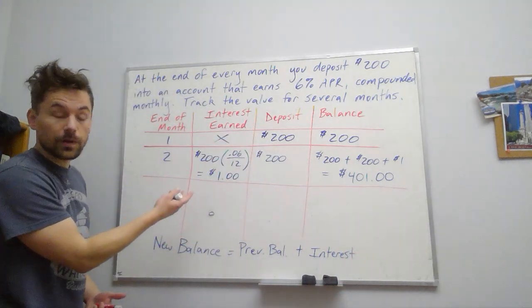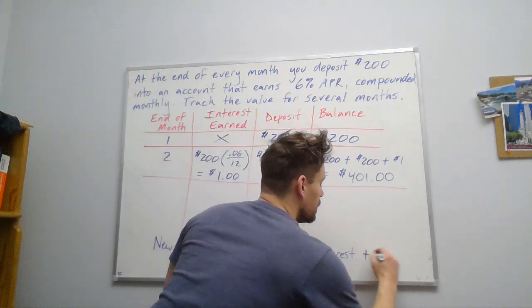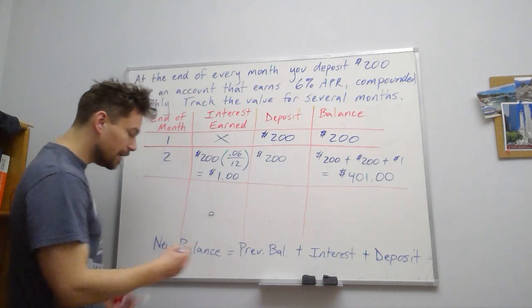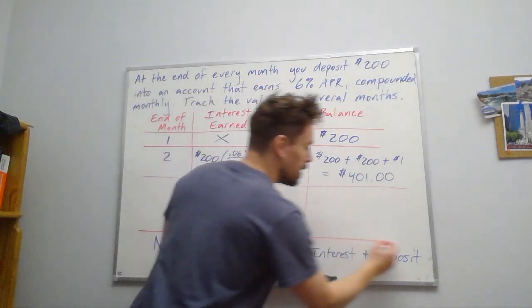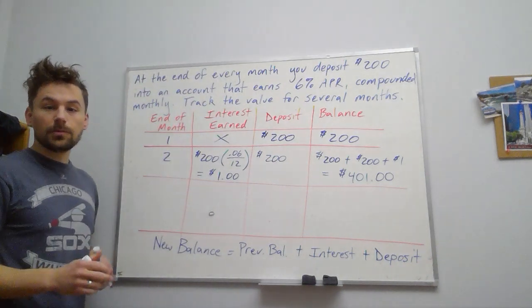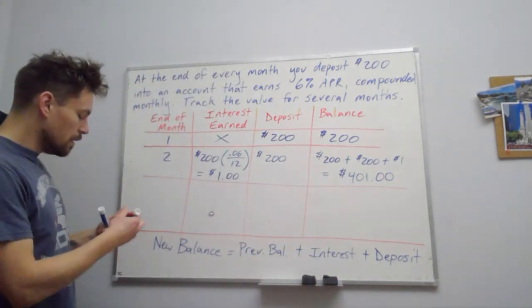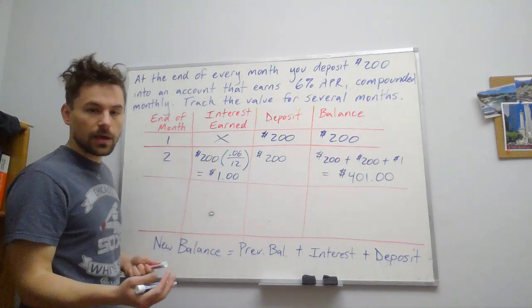In this case it was the $1, but it'll change depending on the month. Plus the deposit, any additional deposits we make. So we can keep that as a general formula. I'm going to cut that off here so we don't confuse it. That will work if we have a table broken down like this. Now, we don't always have all these individual pieces. Let's look at one more month though, just so we're okay with this process.